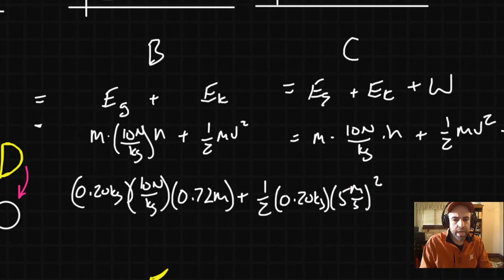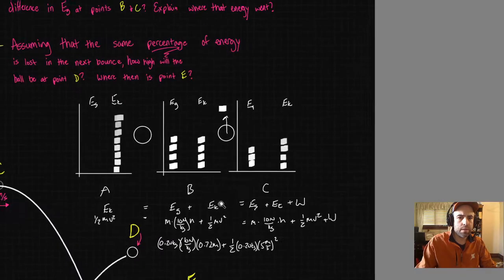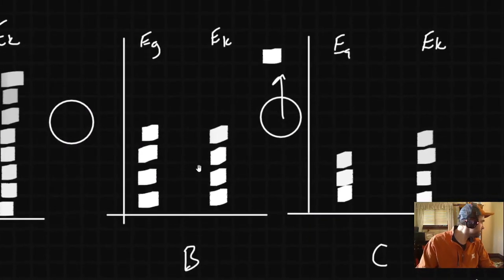Multiply those out, add those all together, give me about 5 seconds. I get 1.44 joules.